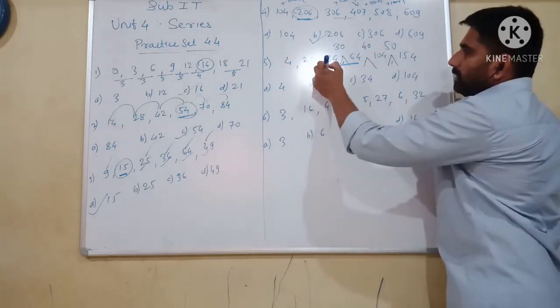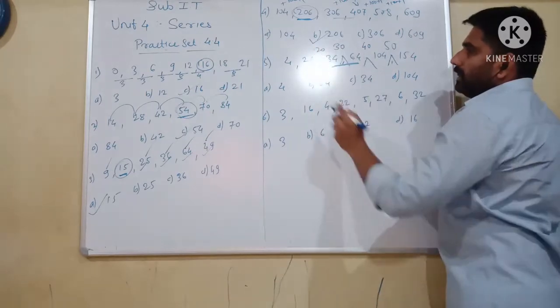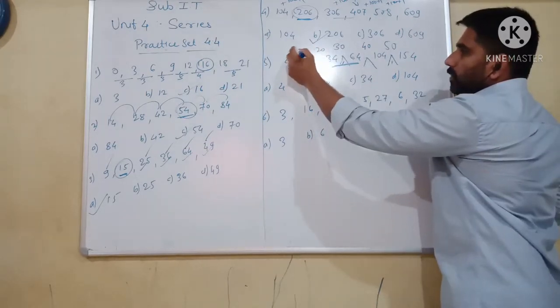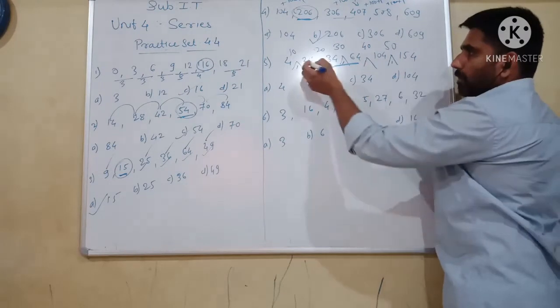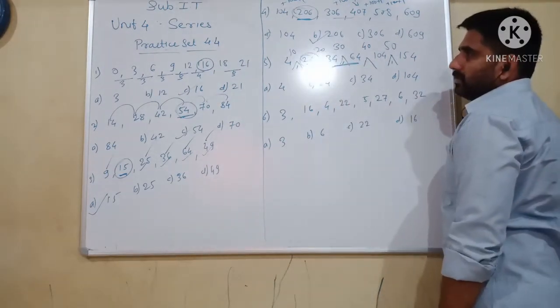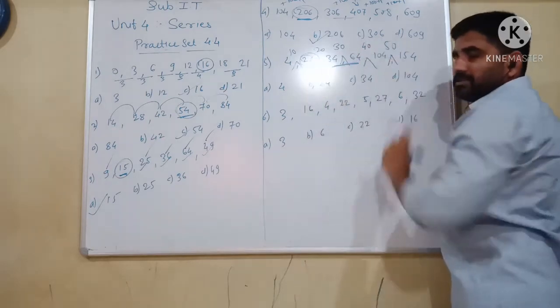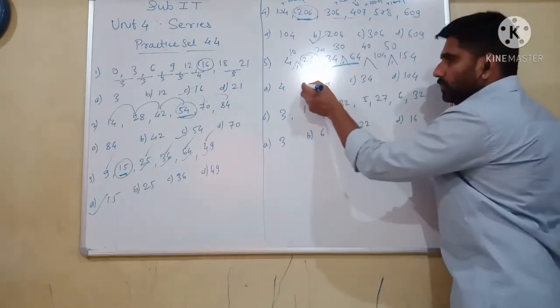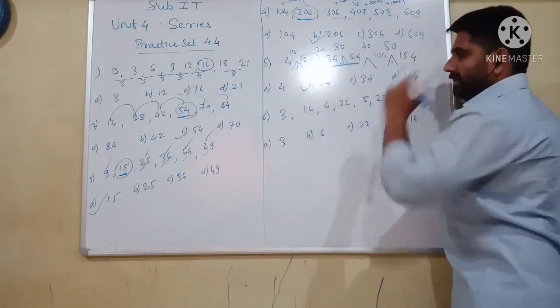So here it will be a gap of 20, here it will be a gap of 10. So 24 does not follow this pattern. So that's why 24 is the expected wrong term. So that's why option number B.